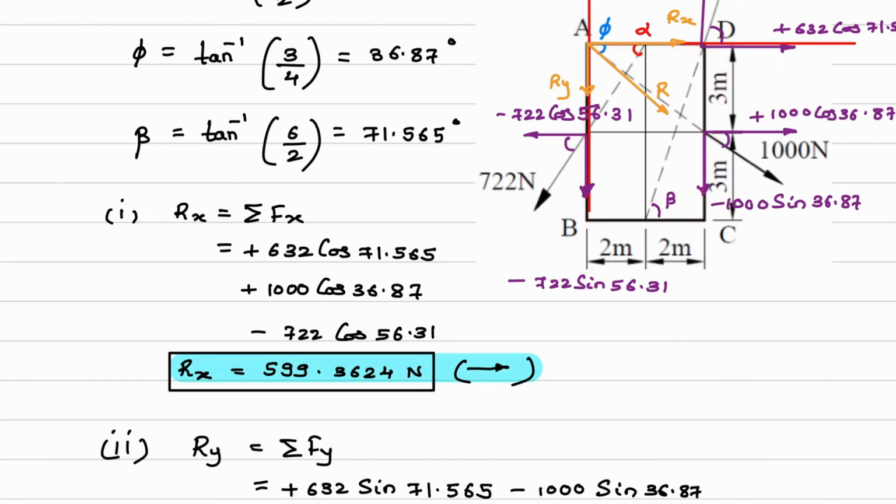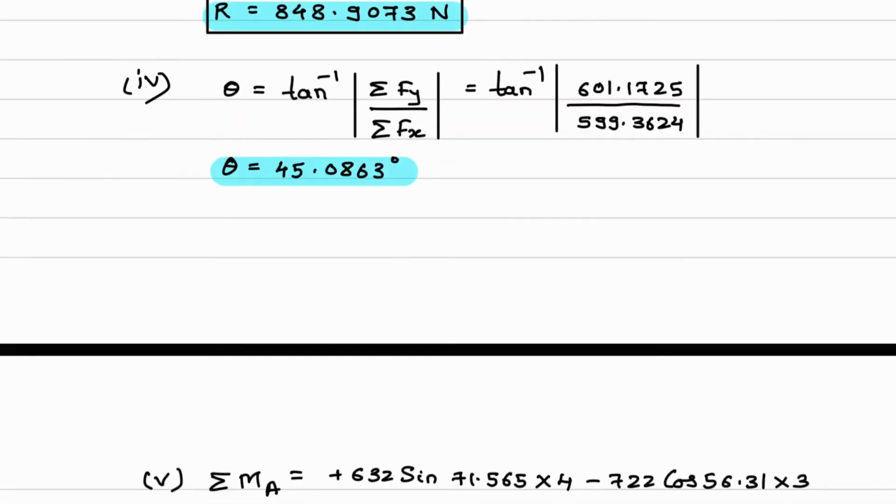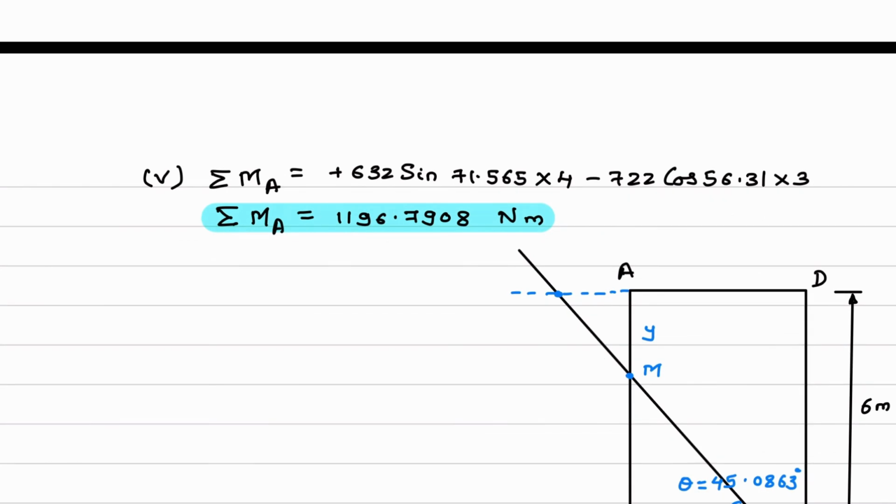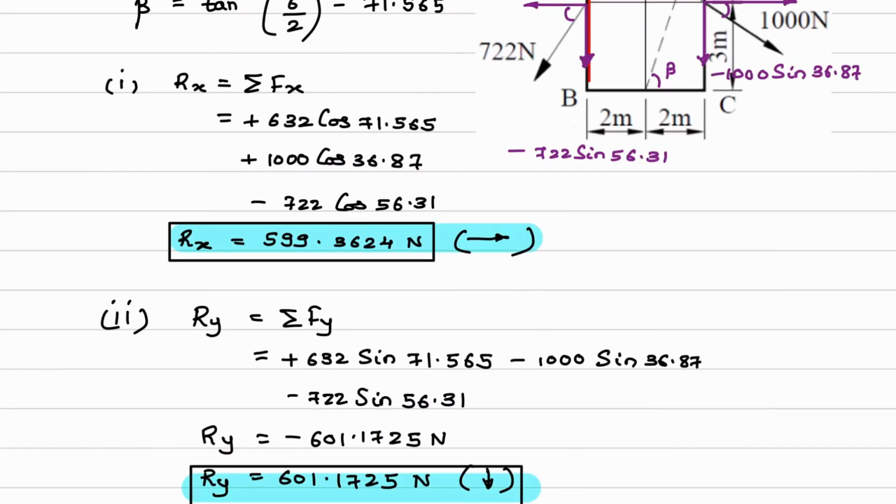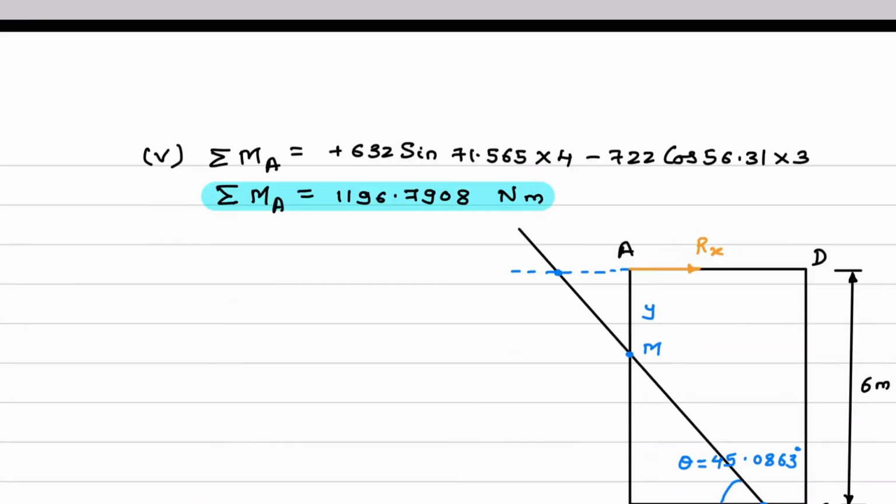So what we will do is, we will see the direction of Rx. What is the direction of Rx? It is towards right. So towards right I have shown over here. So from this point A, why about point A? Because we are considering moment about point A. So Rx is towards right and Ry is downward. So I'll show Ry in downward direction.